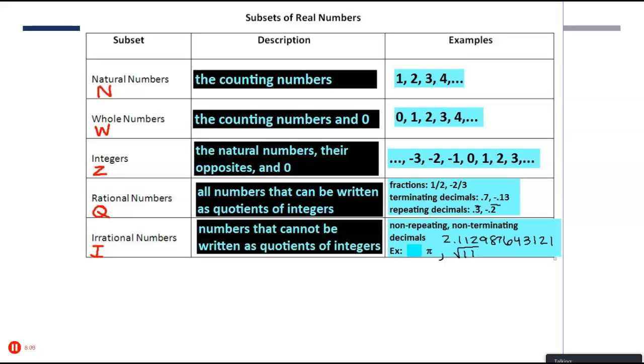The irrational numbers are those numbers that don't have a nice repeating decimal, and they cannot be a fraction. Irrational numbers cannot be a fraction. Do not ever tell me a fraction is irrational. Fractions are very rational.